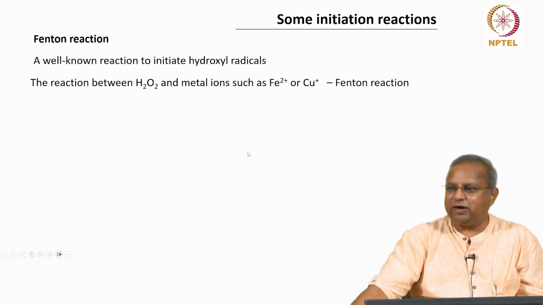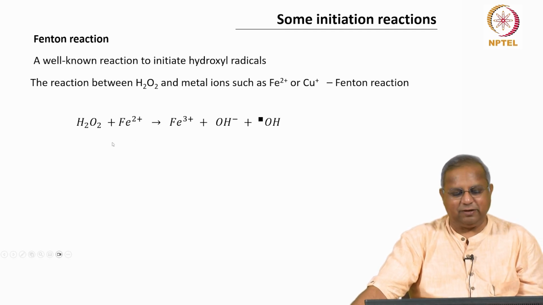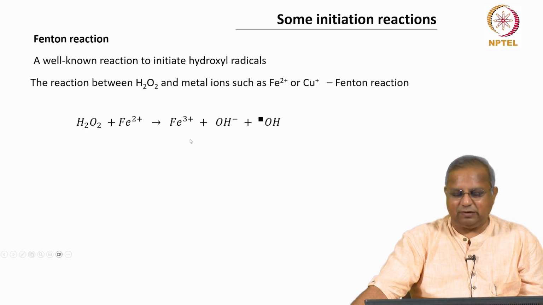The reaction between hydrogen peroxide and iron is, as Ankita explained, hydrogen peroxide plus ferrous giving you a ferric. There is an oxidation of iron, and there is a reduction of hydrogen peroxide to give you hydroxyl radicals, and there is a hydroxide ion also that comes along with it. Okay, note that there is a difference between hydroxide and hydroxyl. Of course, they're totally different species.